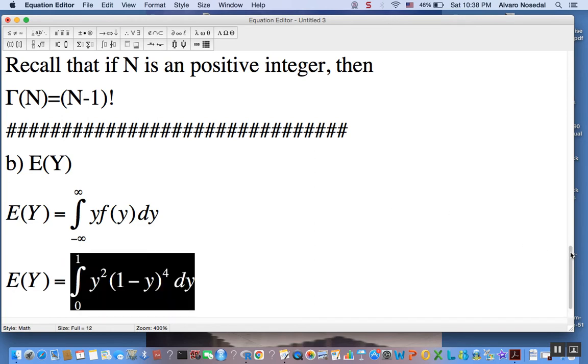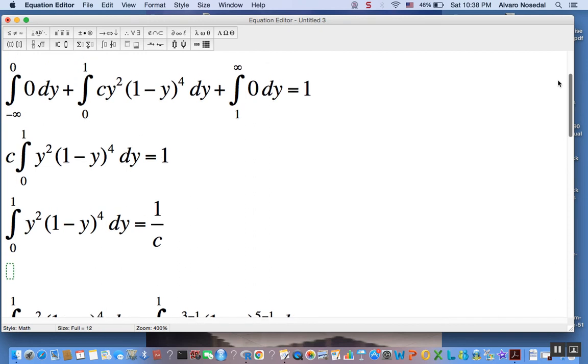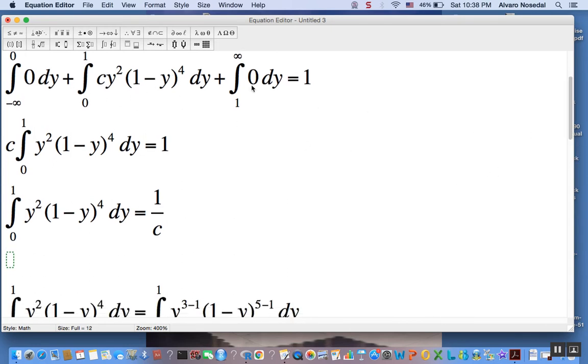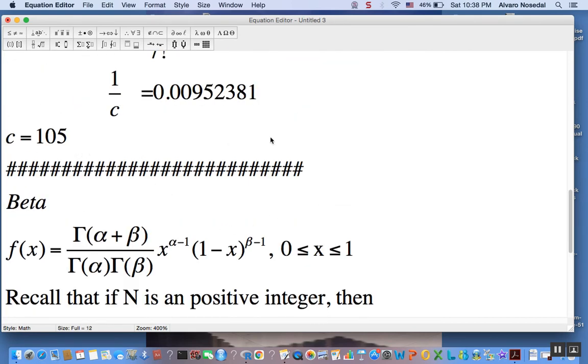Just like what we had before, we're going to have 3 integrals: y times 0, y times this, y times 0. So the only one that matters is this one here, so it's the only one that I'm writing down. Let me copy paste this one, because that's going to be useful. Now we know that the constant C is 105.